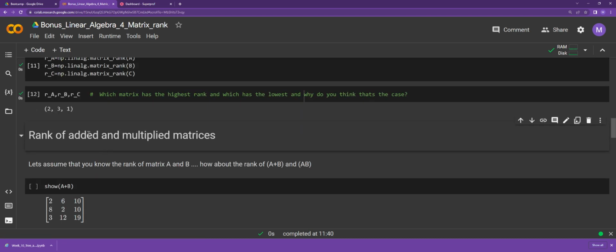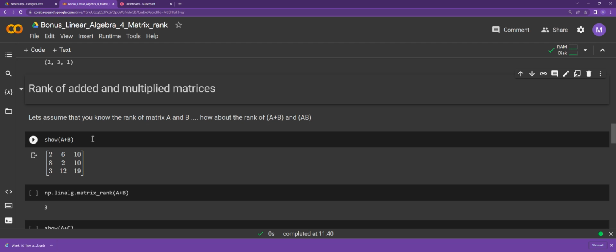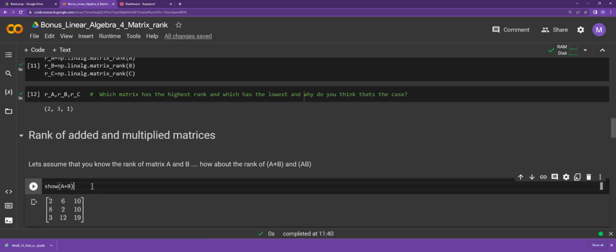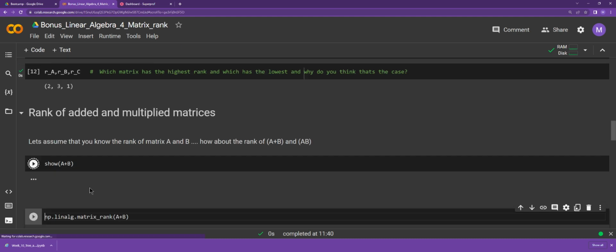Now, what happens if we add or multiply matrices together? How would this impact their rank? We knew that matrix A had a rank of 2 and matrix B had a rank of 3. If we add A and B together, what is going to be the rank of this matrix?